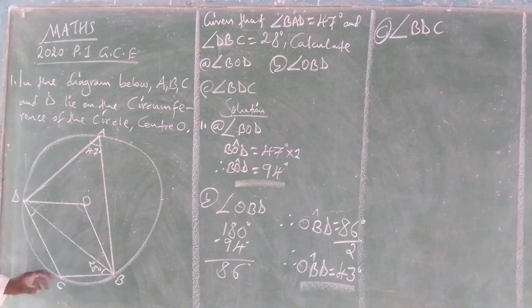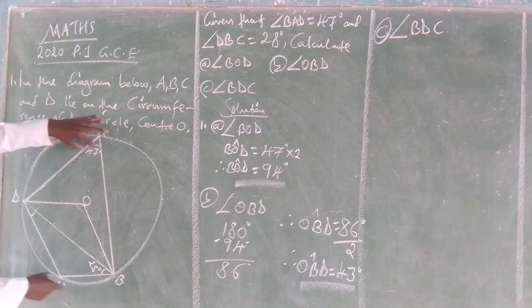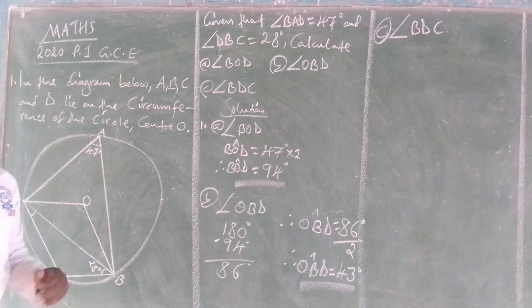Now, before doing that, you consider what we call a cyclic quadrilateral. So from D to A to B to C, this is a cyclic quadrilateral because the corners, the angles are touching the circumference, meaning they form a box in a circle. Now, in this case, the rule says the opposite angles are supplementary, meaning when you add them, you get 180.